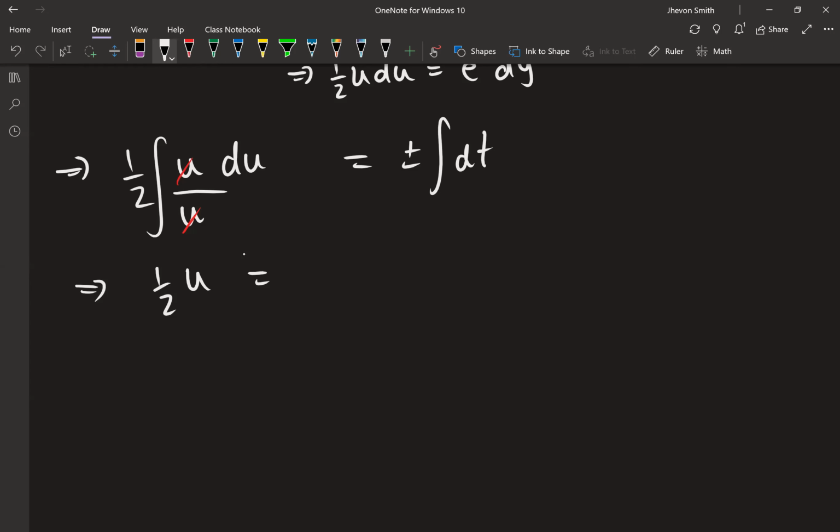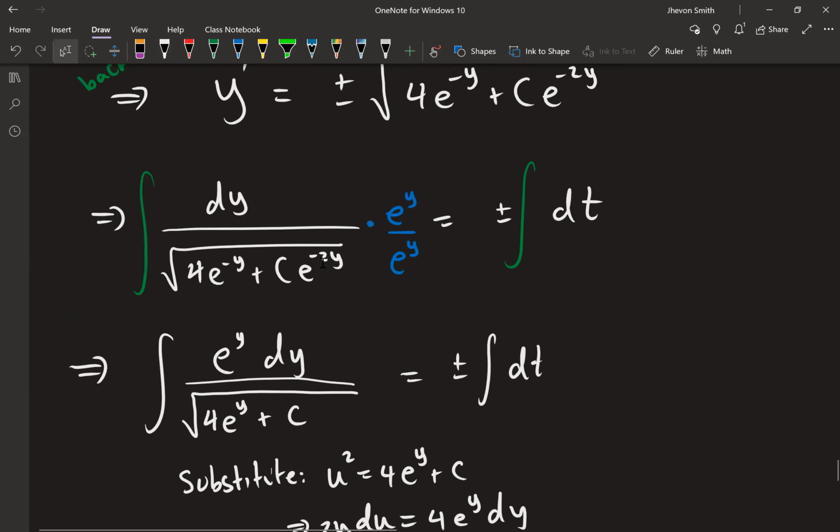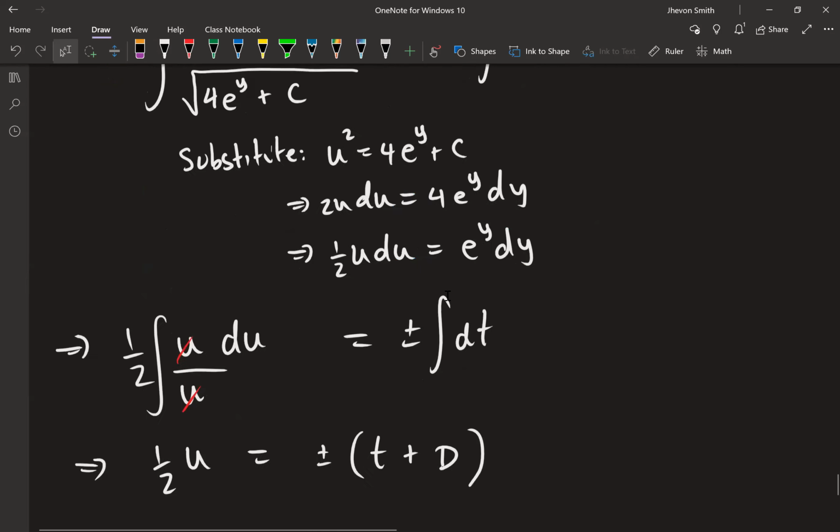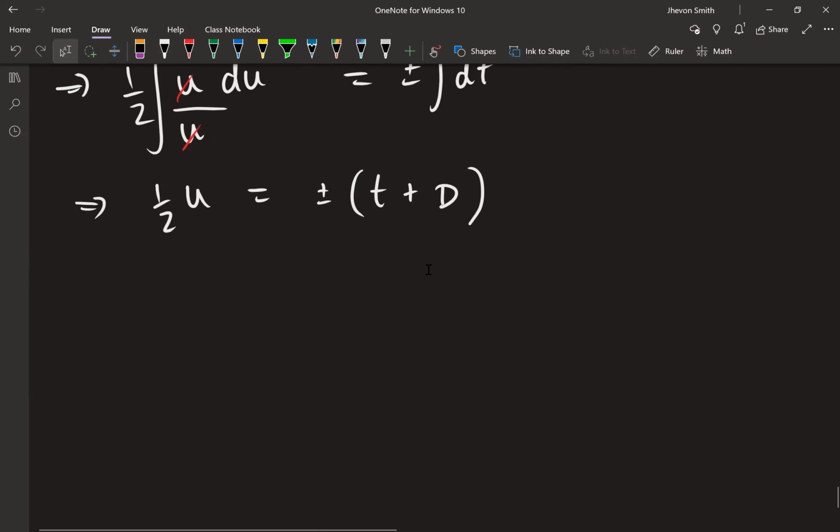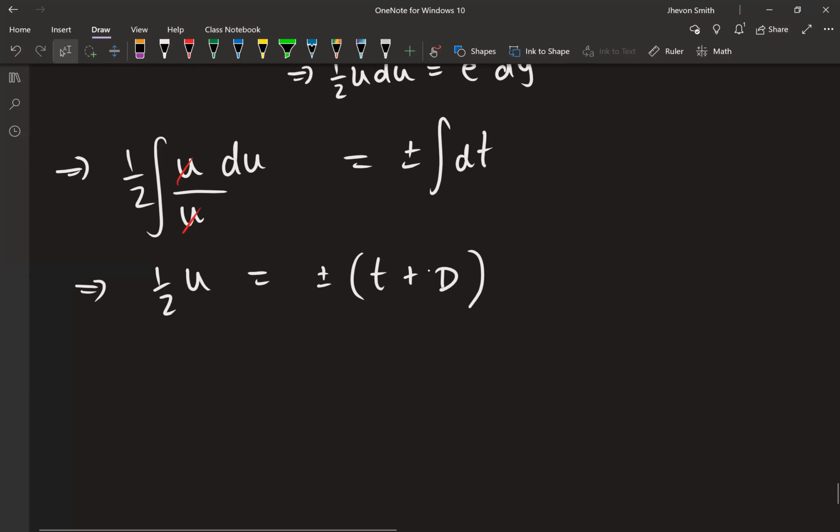And on this side here is going to be plus or minus t plus a constant. Well, plus a second constant, by the way, because we already had an arbitrary constant c up here. So this is actually going to be a second one. So we have that. Now I can replace my u with what it was before.